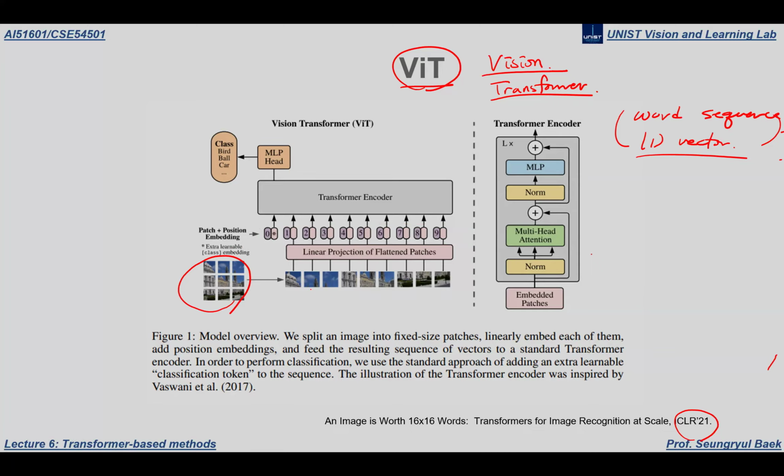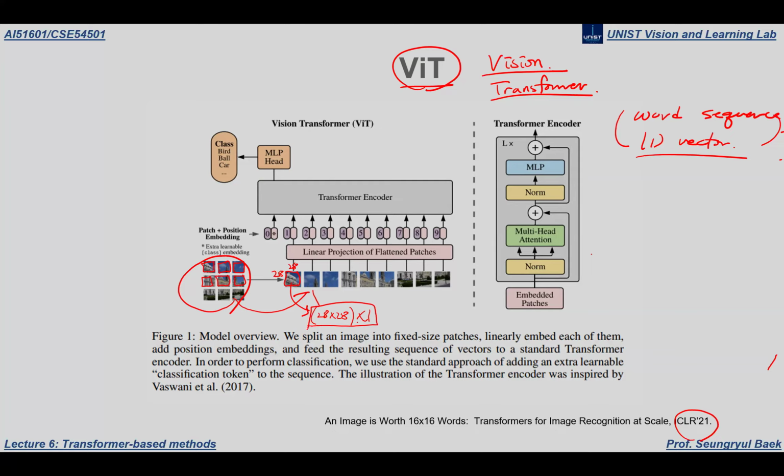The simplest way to input these images into the transformer might be dividing the images into subregions and then flattening each pixel value. For example, if this patch is 28 by 28, then we will make it a one-dimensional vector.